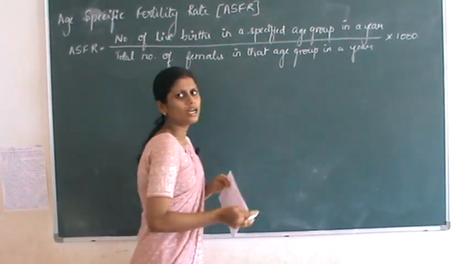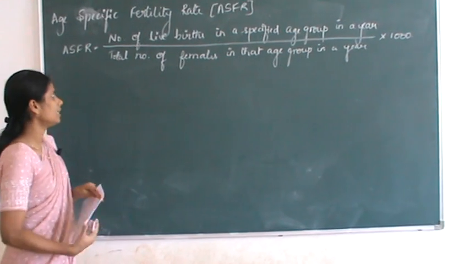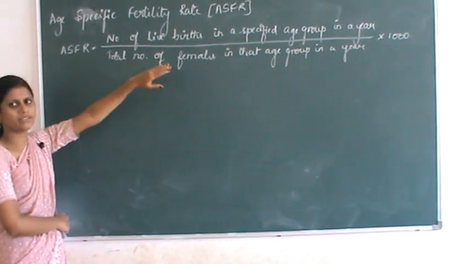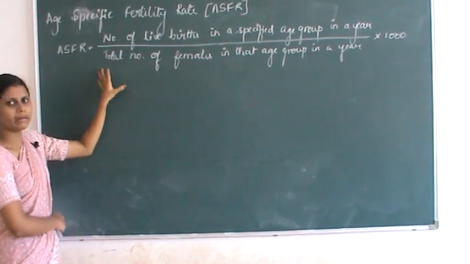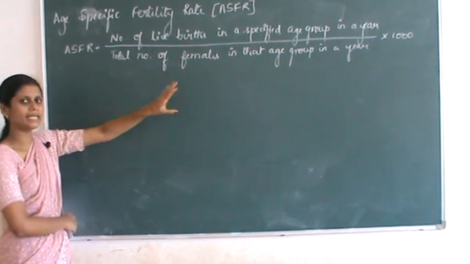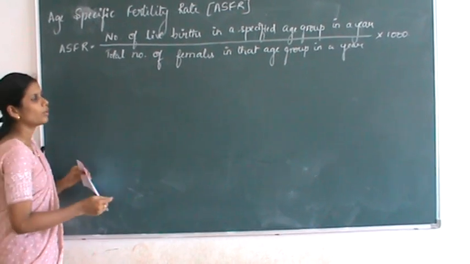This is the formula to calculate age specific fertility rate. Number of live births in a specified age group in a year divided by total number of females in that age group in a year into 1000.